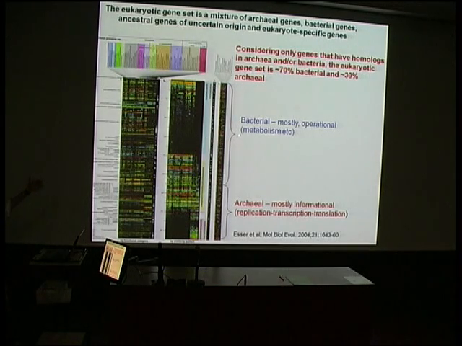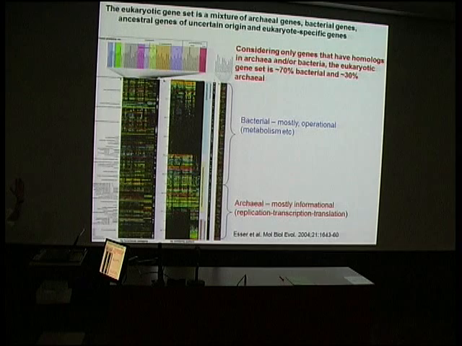So in the yeast genome, to be specific, about 70% of the genes that have any homologs at all in prokaryotes appear to be of bacterial origin, and the rest, about 30%, appear to be of archaeal origin.